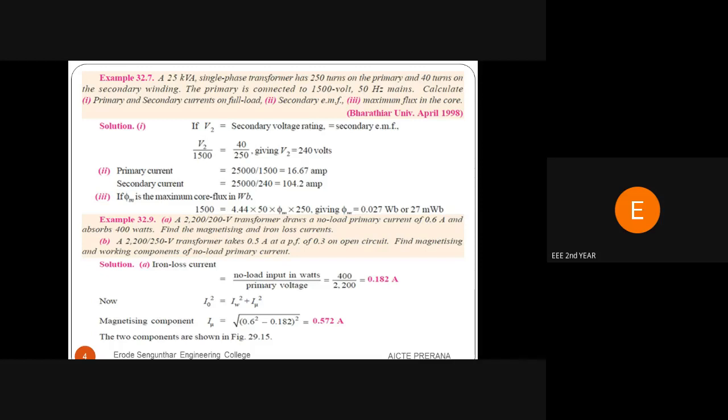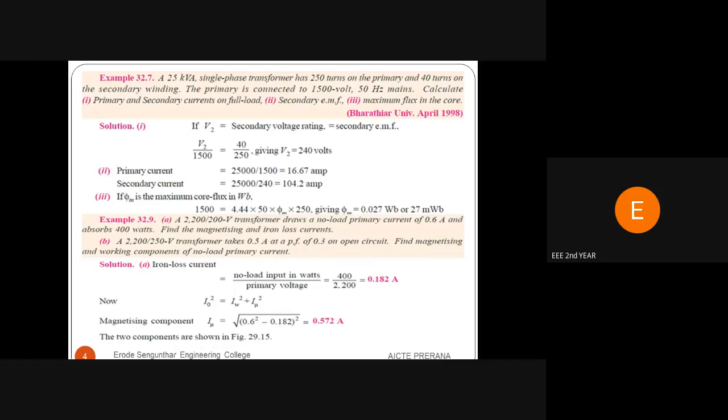We know that I naught square equals IW square plus I mu square. That is the formula for the no load primary current, where IW is the working component current and I mu is the magnetizing current. Magnetizing current I mu equals the square root of I naught square minus IW square.